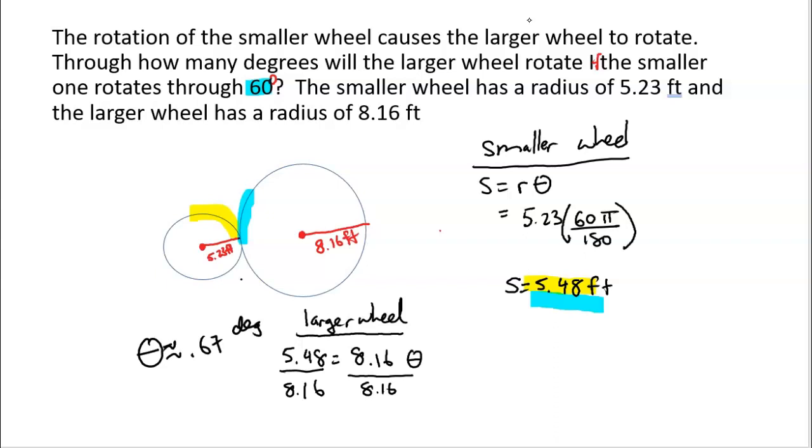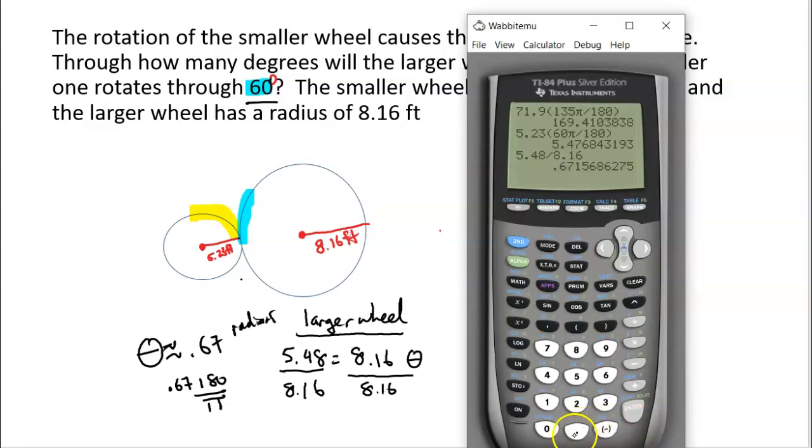Now, this is not in degrees, sorry. This is in radians. Since I originally gave it to you in degrees, we would probably want the answer also in degrees. So all I have to do is multiply 0.67 by 180 over pi. So if I do 0.67 times 180 divided by pi, I'm going to get my answer.